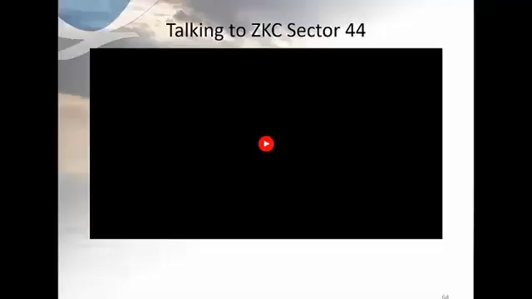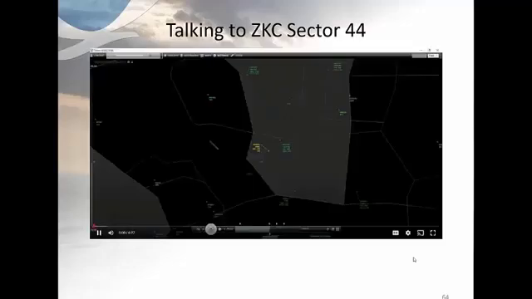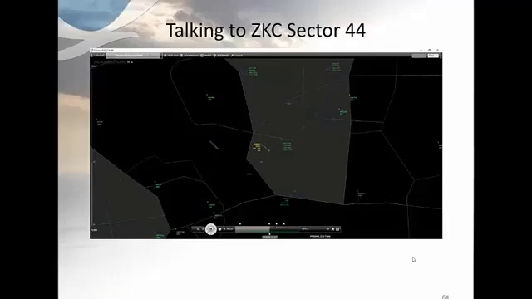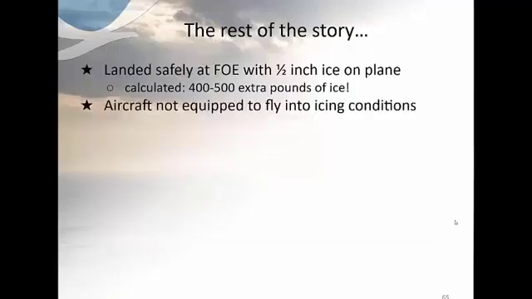All right, so you get the flavor there as well. So she was given some options. They were trying to work out where she was going to end up going. She did eventually go to Forbes. So air traffic control did everything they could to try and help her out, to give her some options. She did land safely at Forbes. She had a half an inch of ice on her airplane.